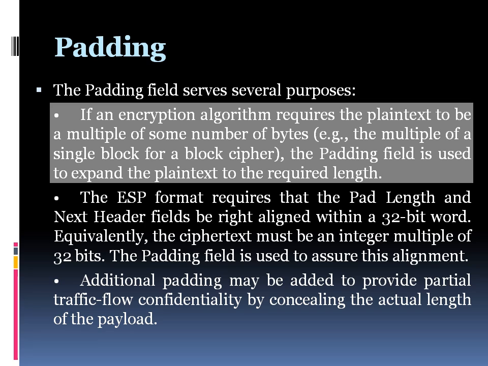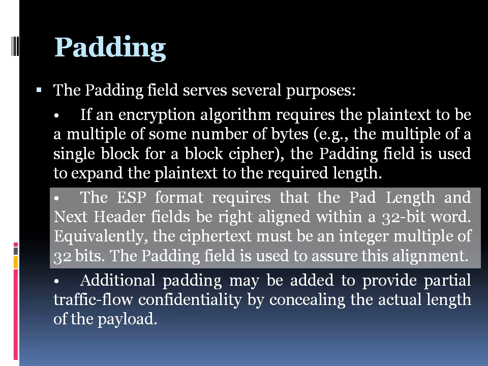So you can say that the padding field is basically used to increase or reduce the length of the message or the plain text. Also, the ESP format requires that the pad length and next header fields be right aligned within a 32-bit word. So it's a fixed alignment that the pad length and next header fields must follow.